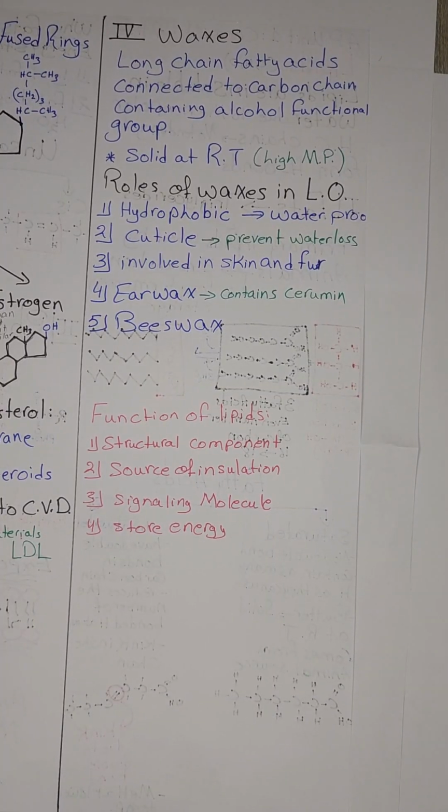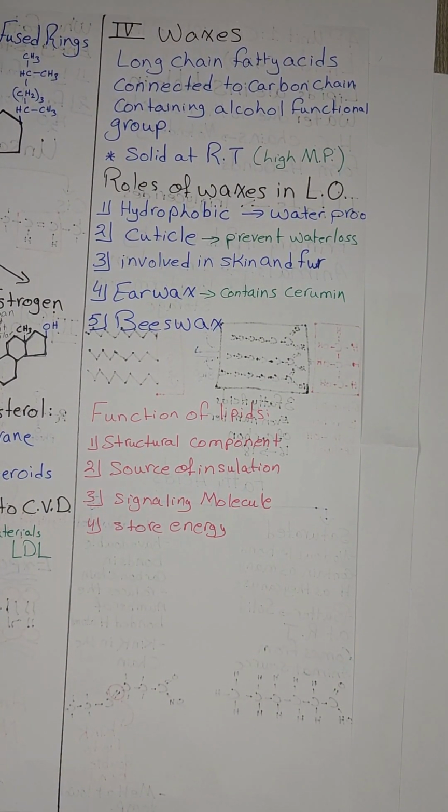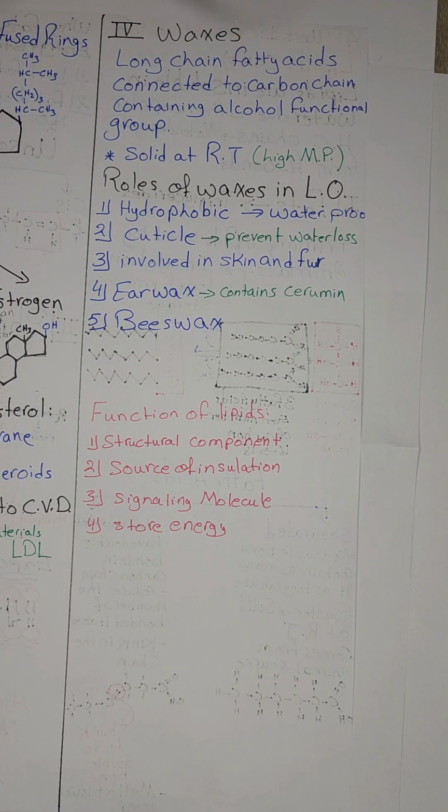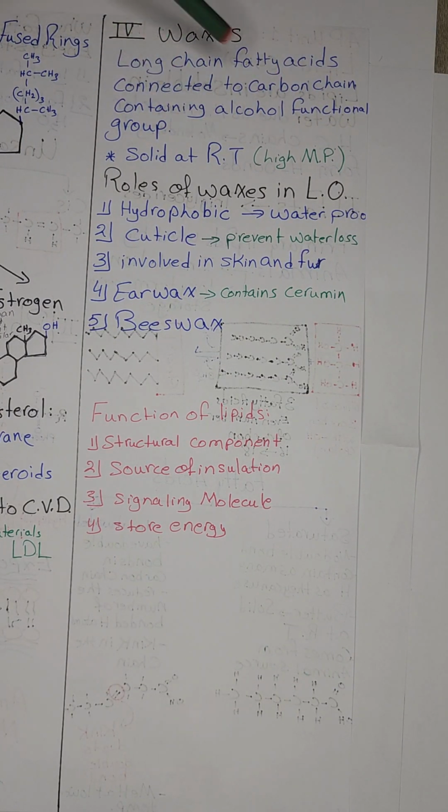Now, the last category of lipids are the waxes. Waxes, just like phospholipids and triglycerides, contain long-chain fatty acids, but these fatty acids are connected to carbon chains that have an alcohol functional group. This is the unique thing about waxes. They are solid at room temperature, and they play important roles in living organisms.